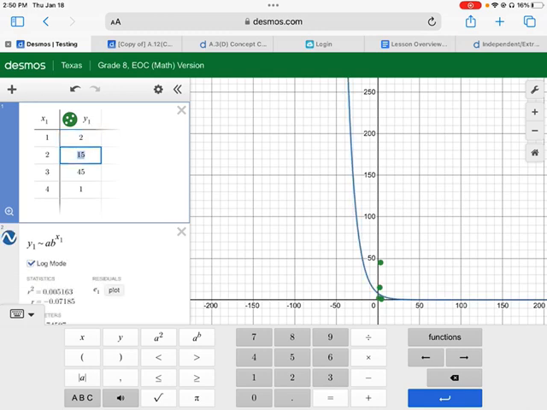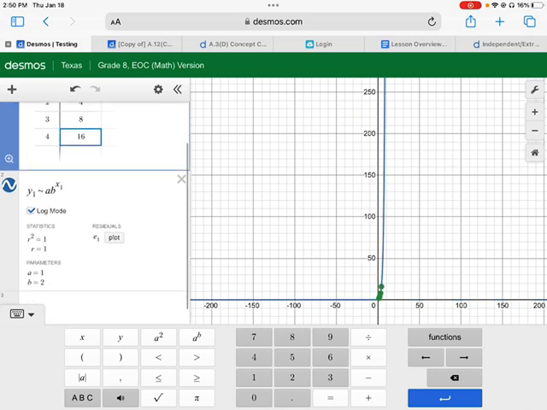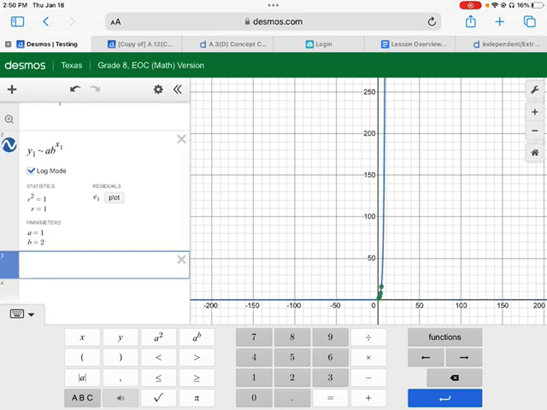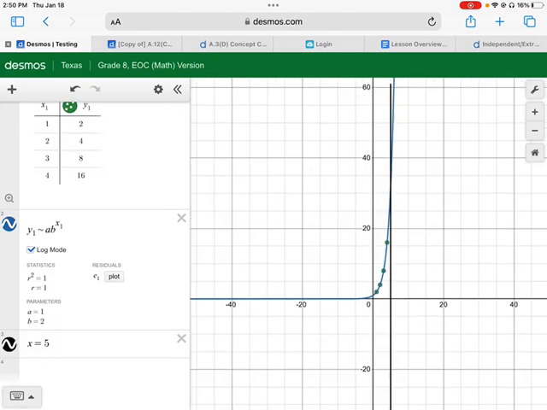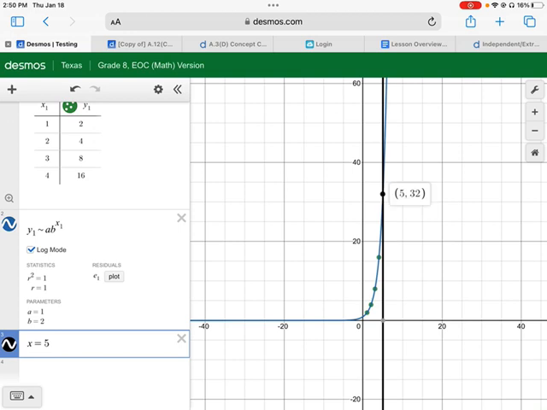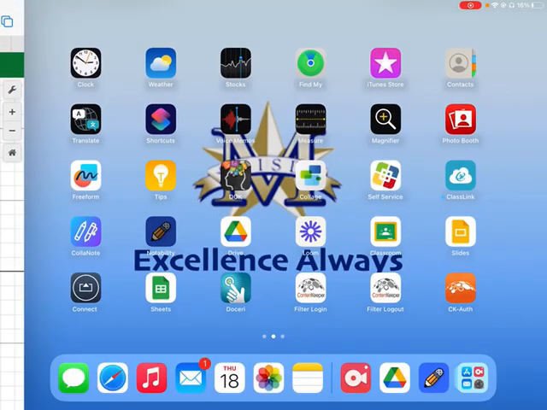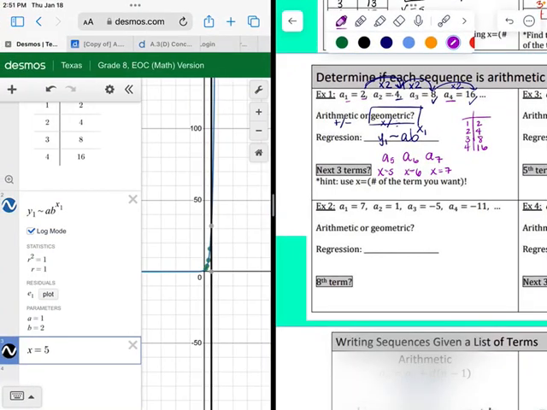So my first one was 2, 4, 8, 16. So if I want A5, the next one, I'm just going to check right there, and I'm going to zoom into it a little bit more. And it's crossing at 32. So that lets me know the next one should be 32.